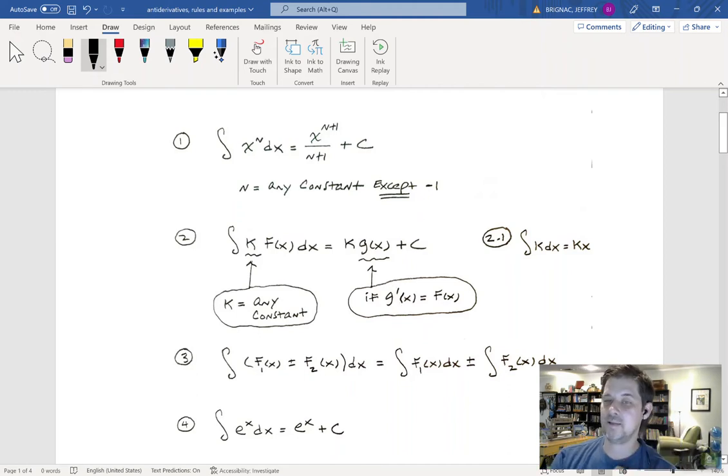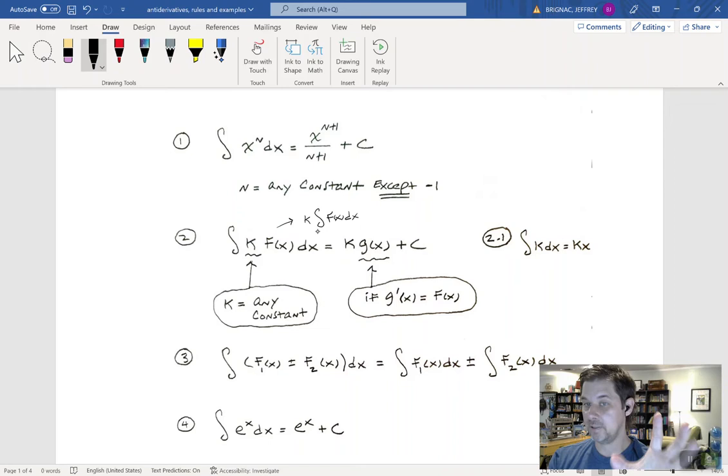So it's kind of like this. If you had a constant times some function of the variable, you could pull that constant out and just work out the antiderivative of the function by itself. And then once you did that, multiply the answer by the constant.